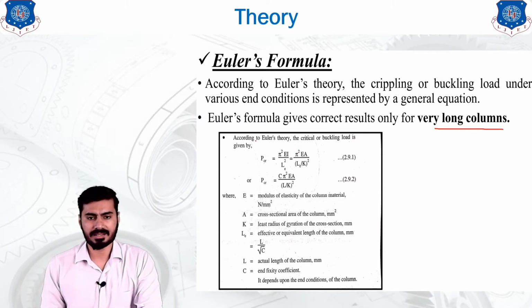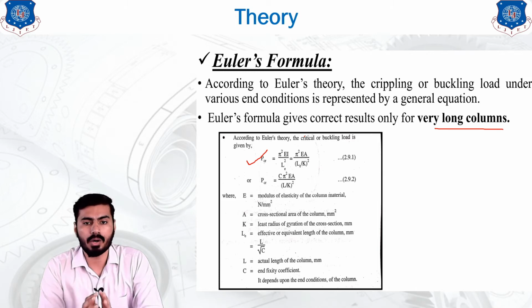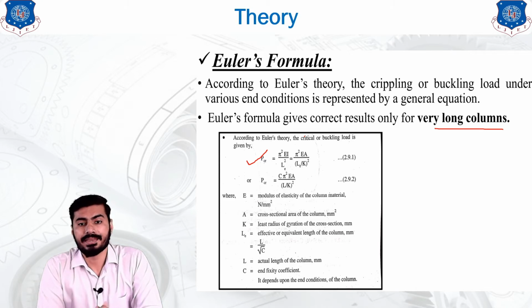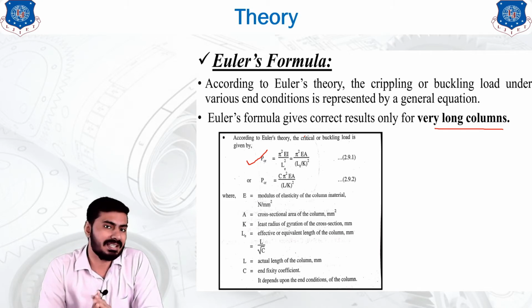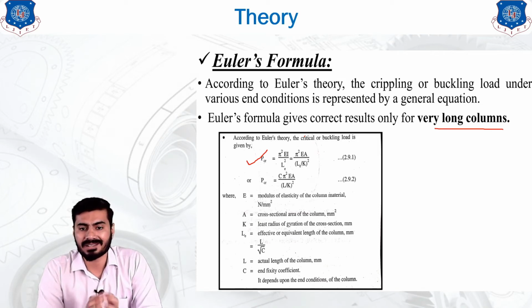This equation is represented with the notation PCR, which is nothing but the buckling or crippling load of Euler. PCR equals pi square EI upon LE square. In this equation, E is the Young's modulus, I is the moment of inertia, and LE is the equivalent length or the effective length.